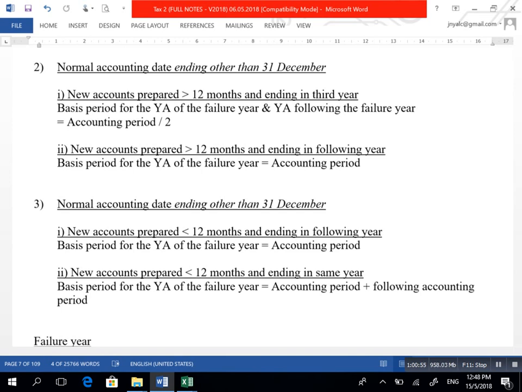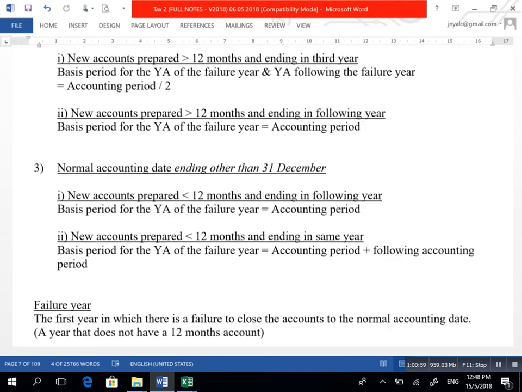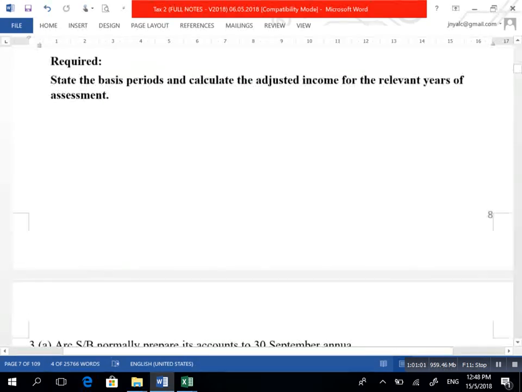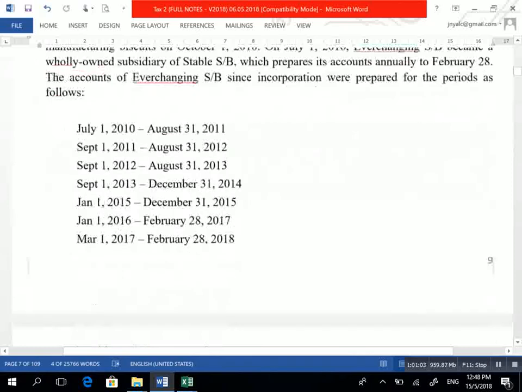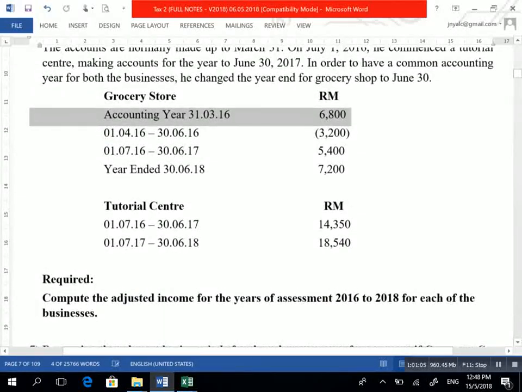And then the class, this ending, the ending year, now is it after the changes you ending in the same year or you ending in the following year? Same year. Yes, can you see actually in 2016 you have 2 ending year? Yes. Yes, that's why you're ending in the same year. You know what I mean? Right? After the changes you're ending in the same year. So category 3, subcategory 2. Correct? So C3 sub 2.